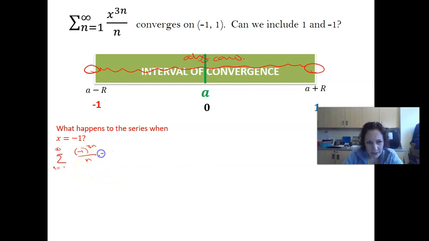Well, let's see. I have alternating. So let's see, my first term is -1, and then plus 1/2 minus 1/3 plus 1/4 minus 1/5. Hey, I recognize that guy. Right? This could just as easily be a -1 to the n. And if this is -1 to the n, it's just alternating. This is an alternating harmonic series.